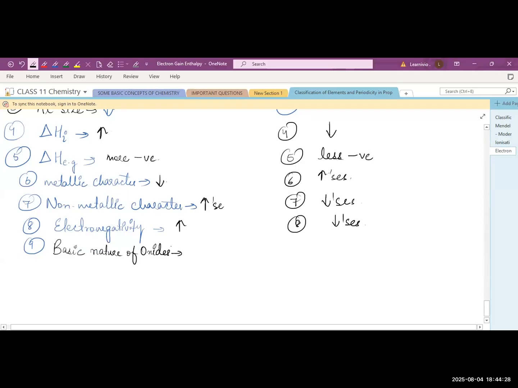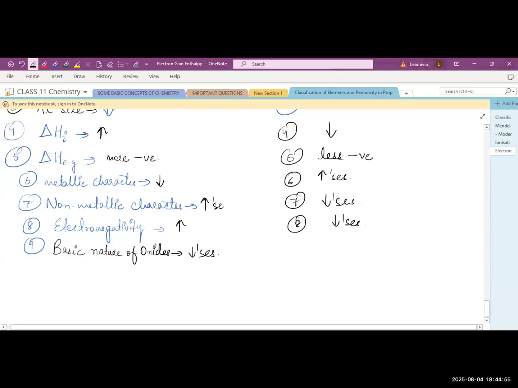So basically, the basic nature of oxides, when you move from left to right in a period, what will happen? So it decreases because we know that metals form basic oxides and non-metals form acidic oxide, right? So the metallic character decreases in a period, so obviously the basic nature of oxide also decreases.